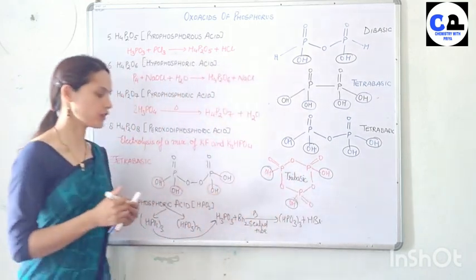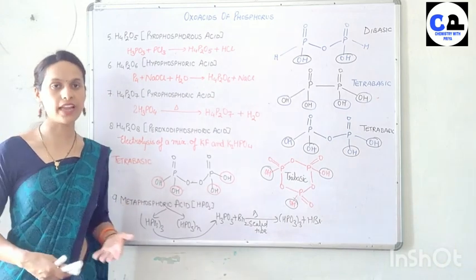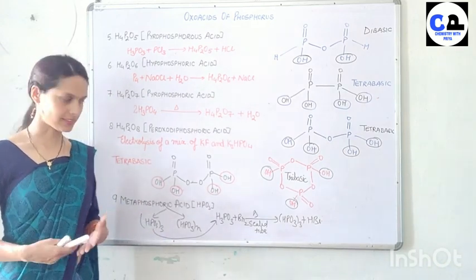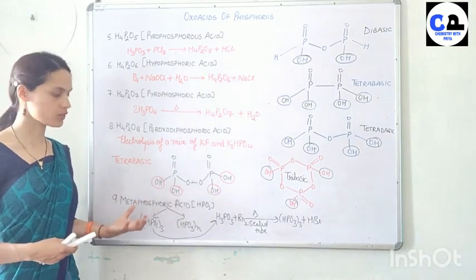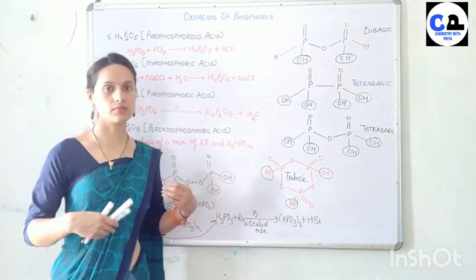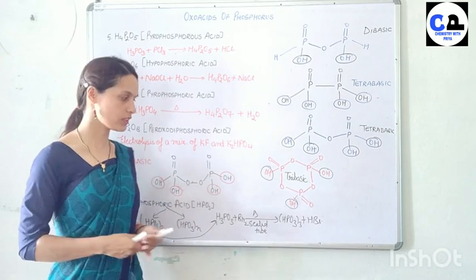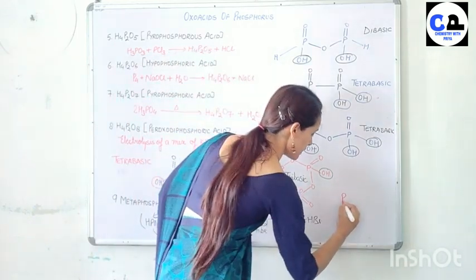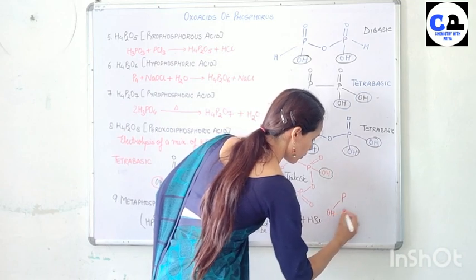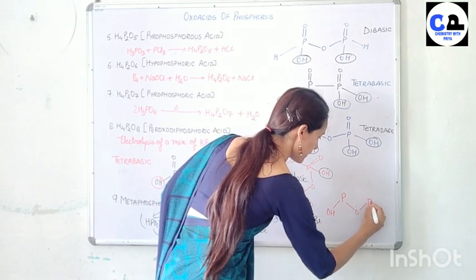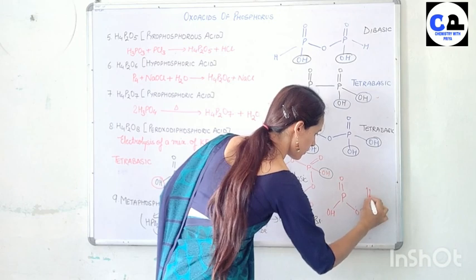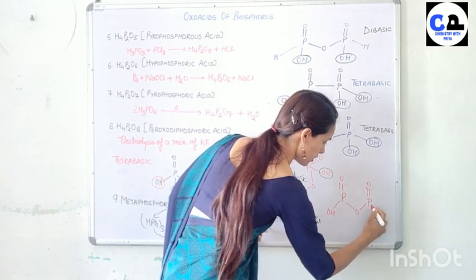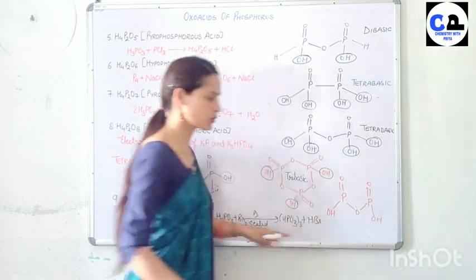This is the structure of cyclotrimetaphosphoric acid. And if we draw the structure of linear metaphosphoric acid, it is like this. P, then single bond, OH, O, P, here it is double bond O, then again here it comes OH, so OH.